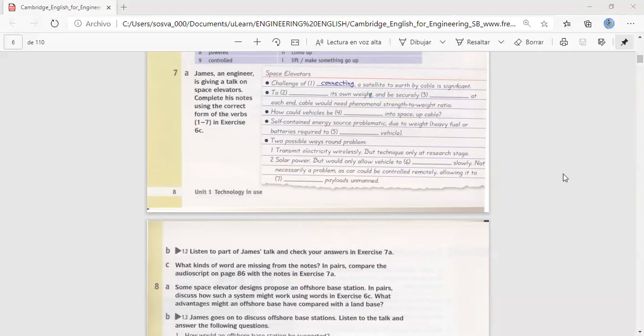Well, using a self-contained energy source would be problematic due to the weight of fuel or batteries required to power the vehicle. There are two possible ways around this problem: transmitting electricity wirelessly or using solar power. The first technique is only in the early stages of research. The second would allow the vehicle to ascend only very slowly, though this wouldn't necessarily be a problem, as the car could be controlled remotely, allowing it to transport payloads as an unmanned vehicle.